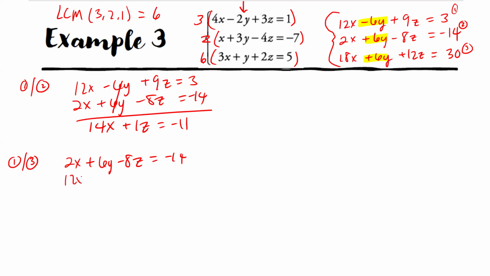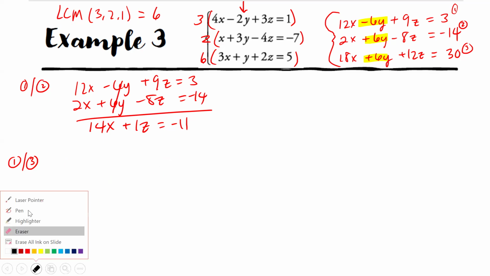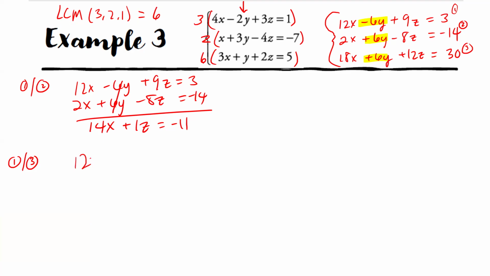So it's going to be 12x minus 6y plus, that is not even 3. Let me just erase this. Okay, sorry, back to what I was doing. Equation 1. So we have 12x minus 6y plus 9z equals 3.